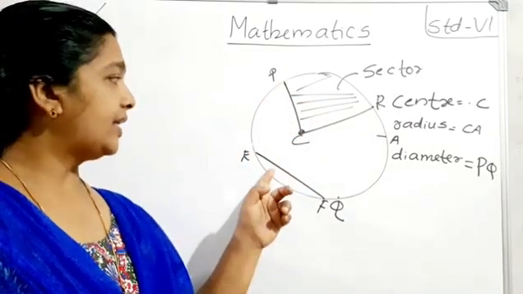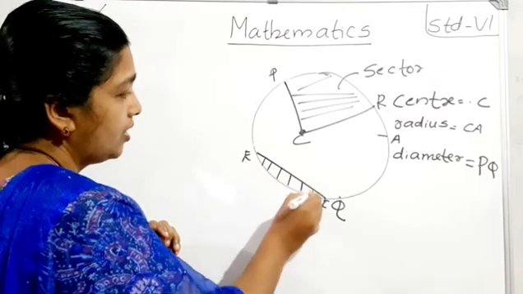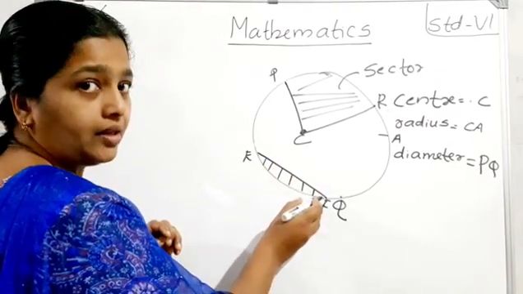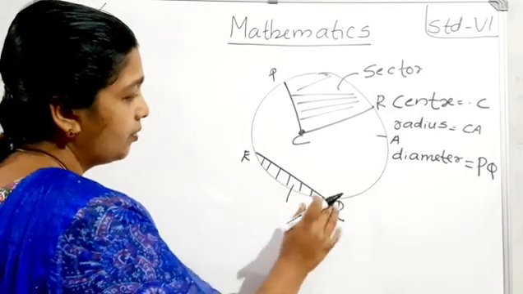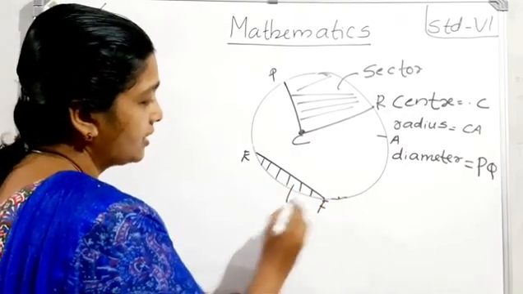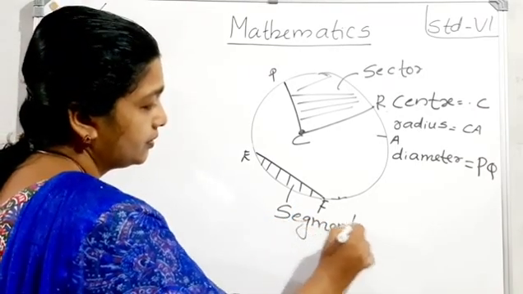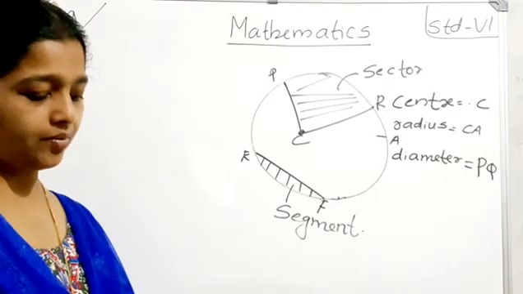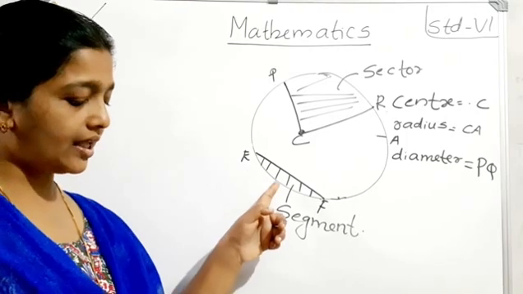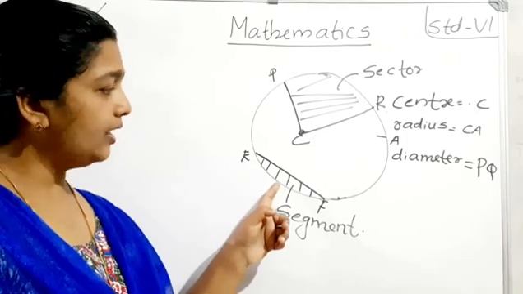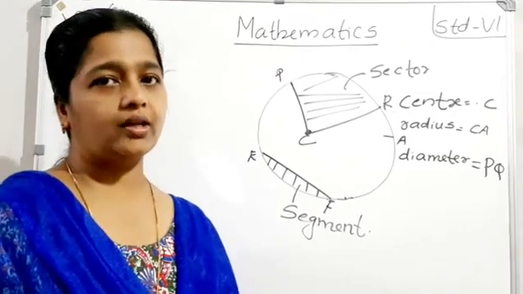Understand? Then what is a segment? The segment is this portion, bounded by this chord EF. This portion is known as a segment. A segment of a circle is a region in the interior of a circle enclosed by an arc and a chord.